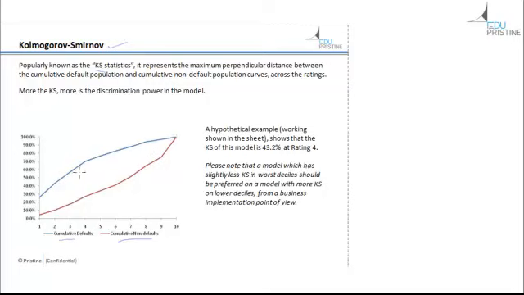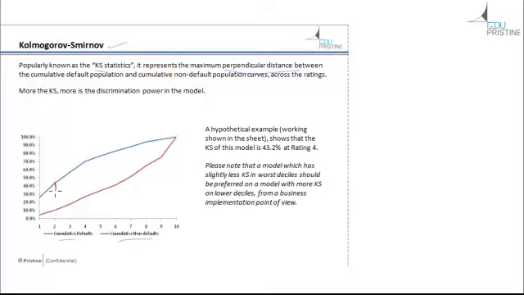So after plotting these curves, the KS statistics is the measurement of the perpendicular distance between these two lines. The point where they have the maximum distance between them is the KS statistics. I will change the color to highlight this properly.